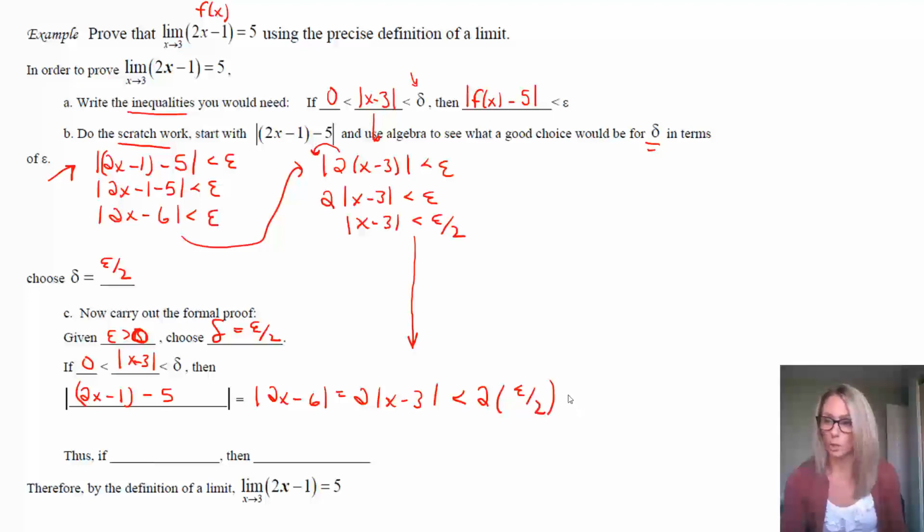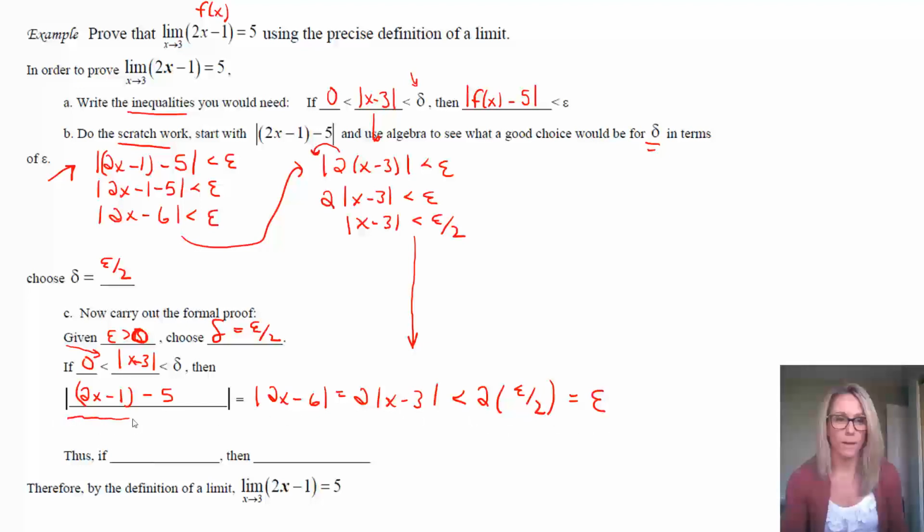And of course, 2 times epsilon over 2 is epsilon. So the whole point here is what we've proved is that as long as our x values are close together, the x value with the limit that we're approaching, which is 3, is less than delta, then our y values are less than epsilon.